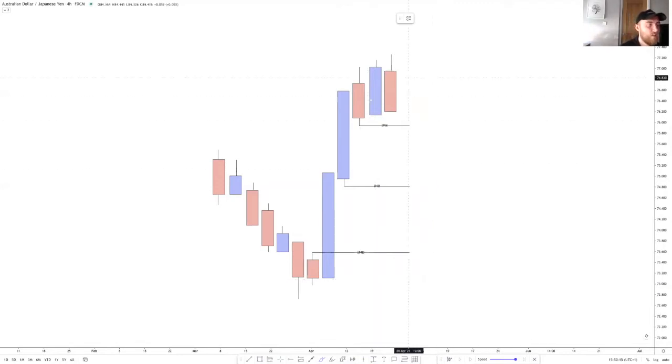So what we can see is the market has created that push to the upside. We've created 1 and 2 different levels of imbalance that the market has to come and fill. So that could suggest to us that the market at some point will have to come to the downside. So what we can then assume is the market will at some point create a reason for us to take a short position.